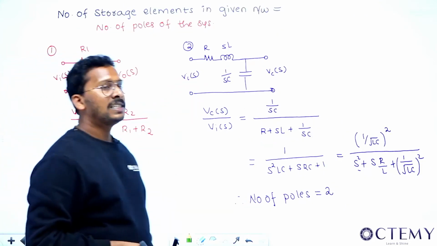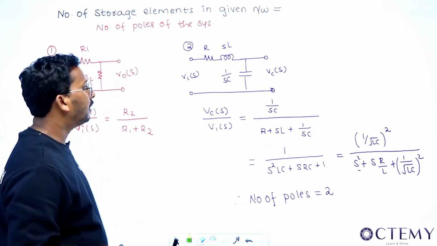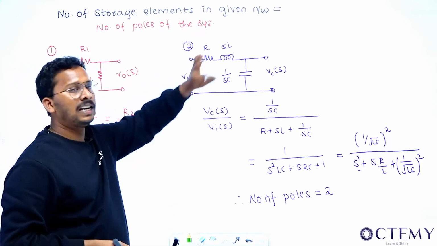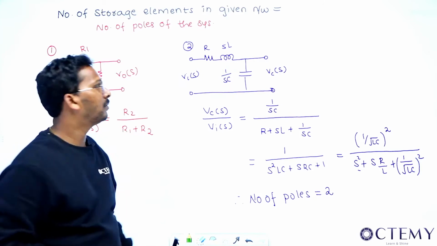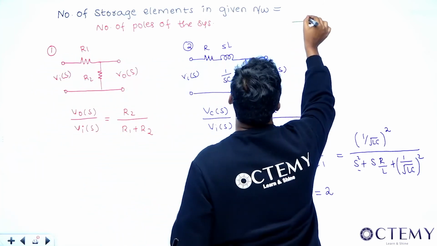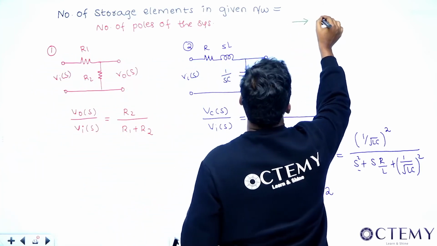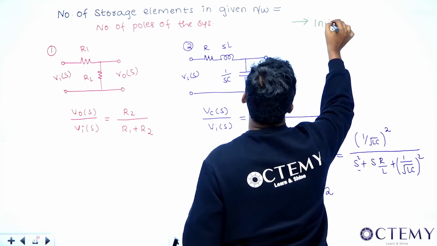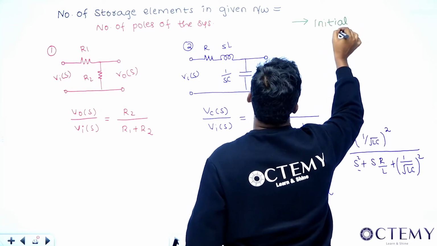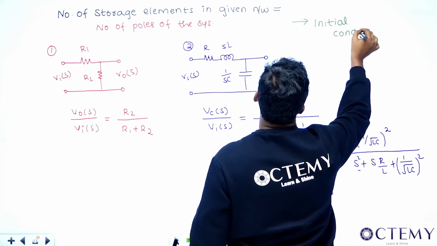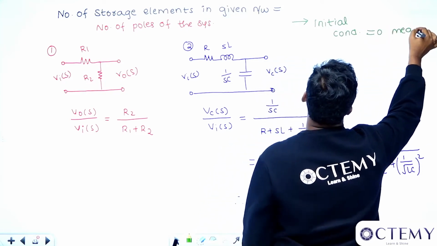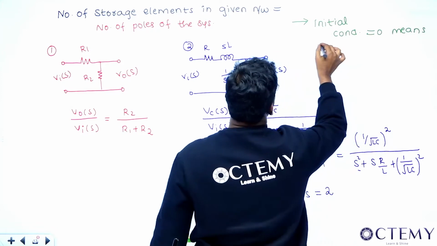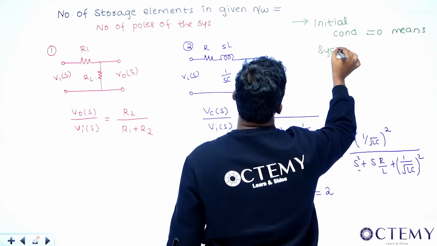If the initial conditions are 0, what is the meaning of that? The meaning is that the initial current through the inductor is 0 and the initial voltage across the capacitor is 0, right? Let me write that here. Initial conditions are 0. Initial conditions equal to 0 means, or you will say, the system is relaxed.